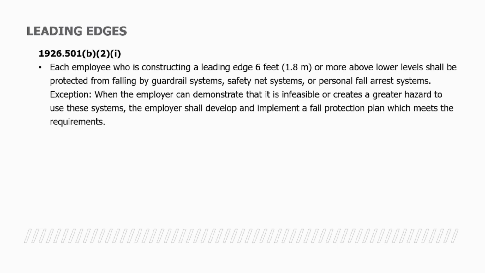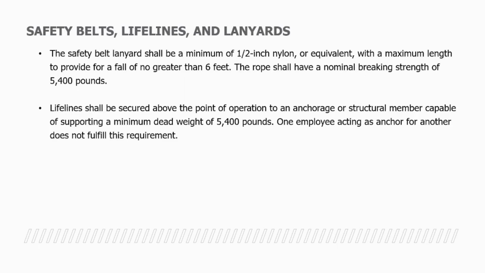There are some exceptions when the employer can demonstrate that it is infeasible or it creates a greater hazard to use these systems. The employer shall develop and implement a fall protection plan which meets those requirements.